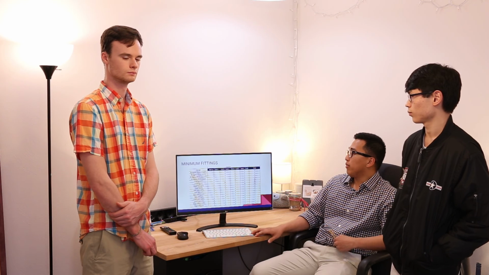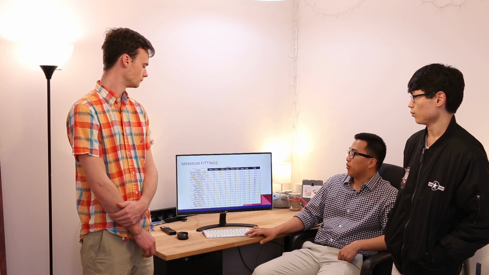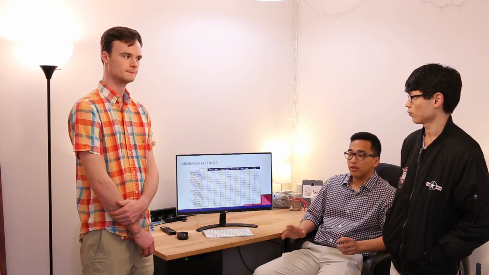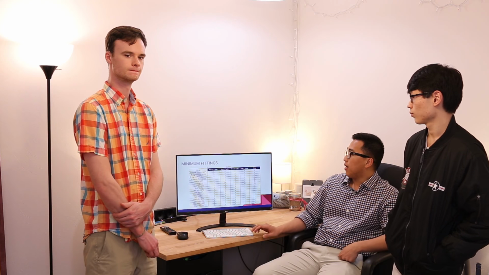For the factor of safety, we designed a factor of safety of 2. If there was no size that was exactly 2, we used the minimum standard size that was at least 2.